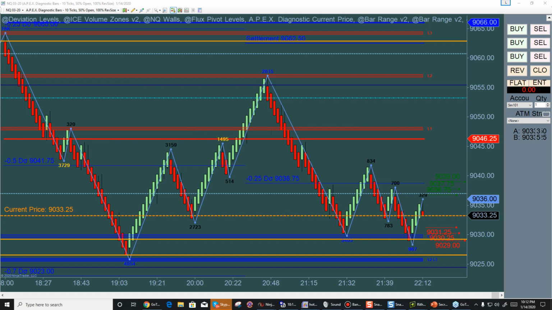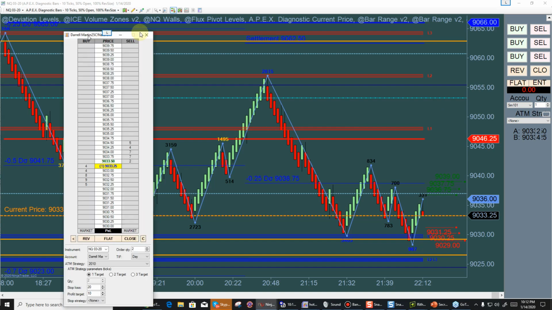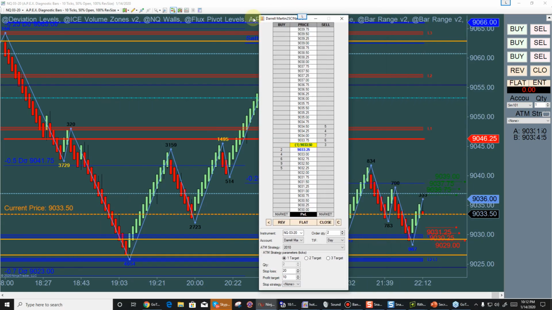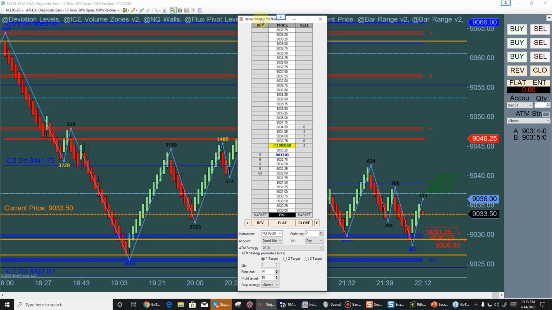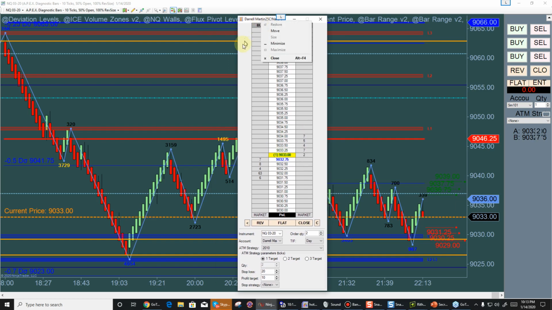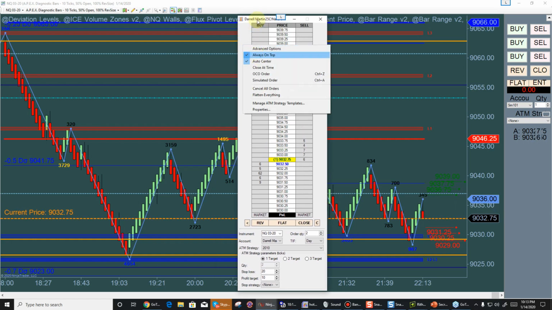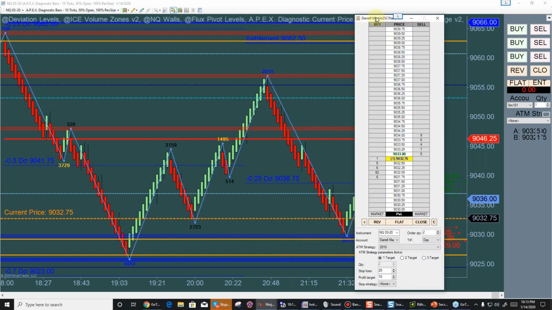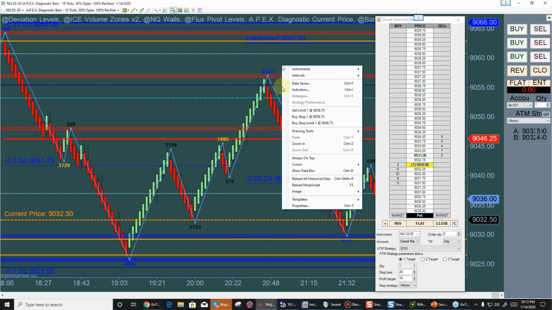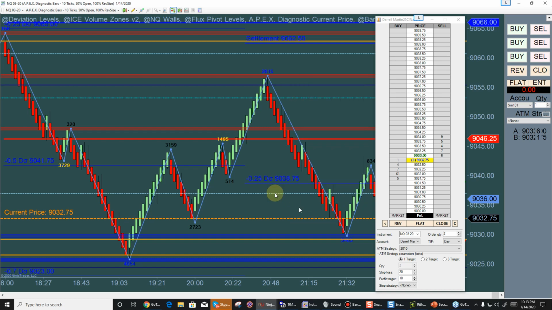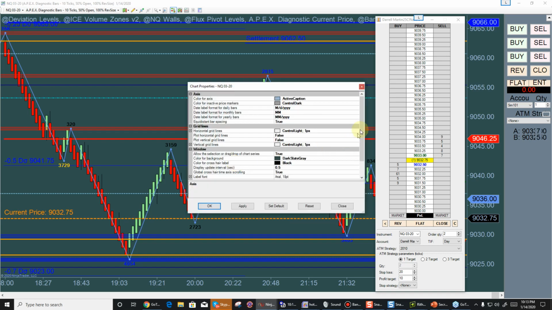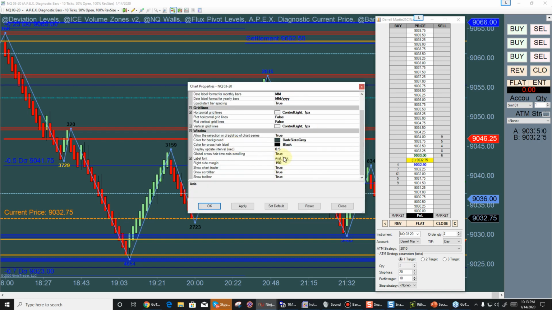And you can take your DOM. If you want to have your DOM right on your chart, right click on it, say always on top. Go over here to your properties. Set this thing way off. We have it at 150.